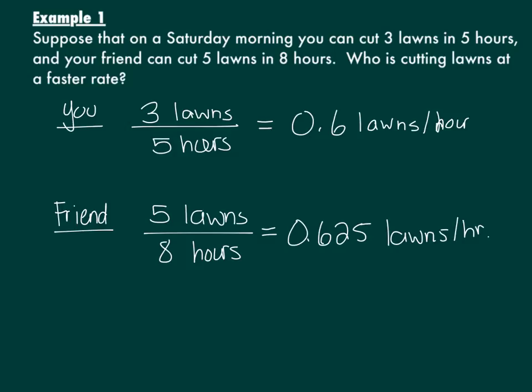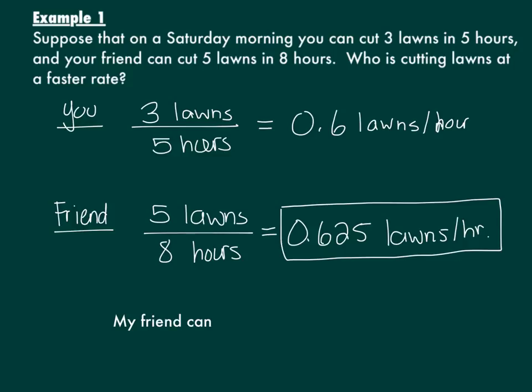So looking at these numbers, we can see that your friend is a little bit faster by 25 thousandths of an hour. So to write our answer, we're going to say my friend can cut lawns at a faster rate.